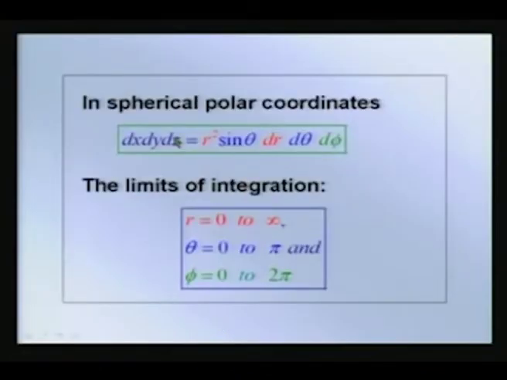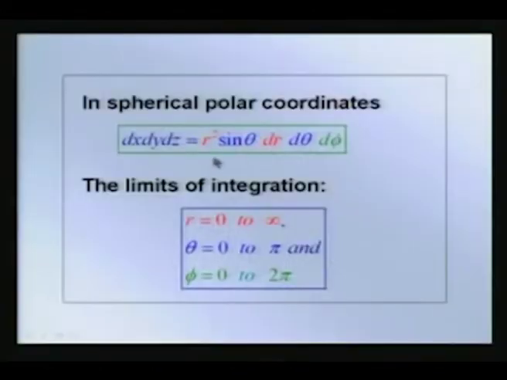In spherical polar coordinates, of course, dx dy dz has to be written as r square sin theta dr d theta d phi. This again comes from simple volume element calculations using multiple integrals between different coordinate spaces. This is in fact related to what is called the Jacobian of the transformation between the xyz coordinate system and the r theta phi coordinate system.